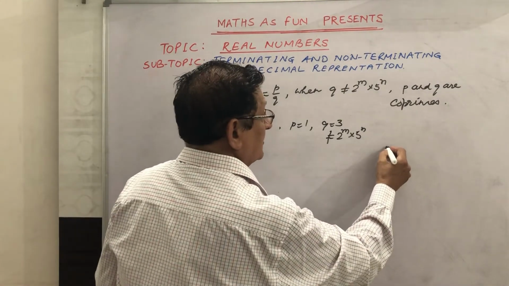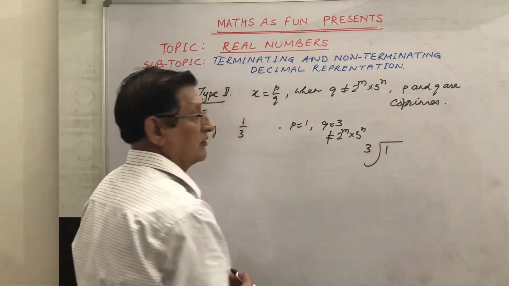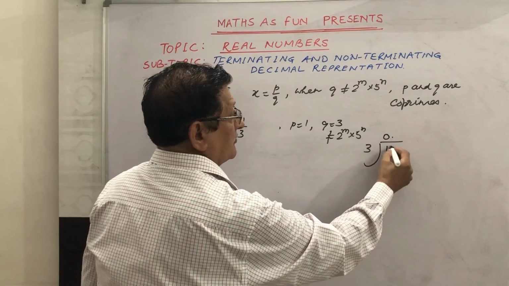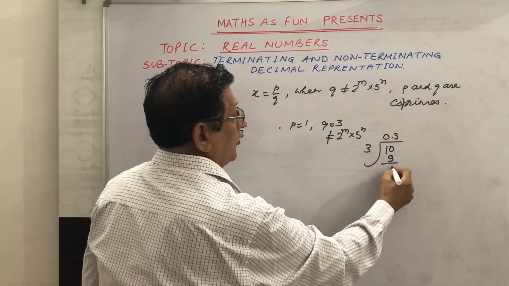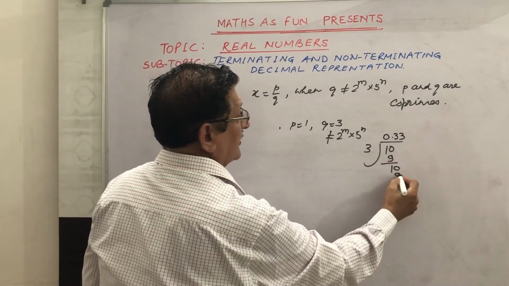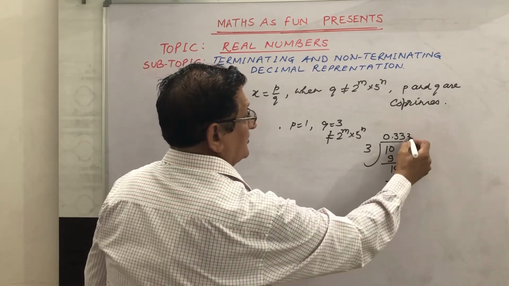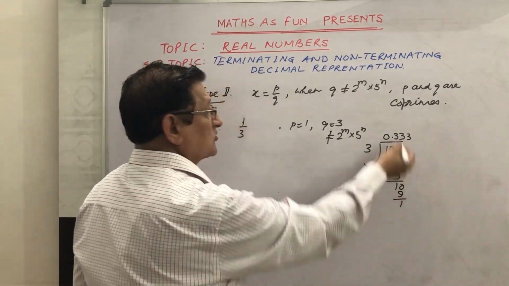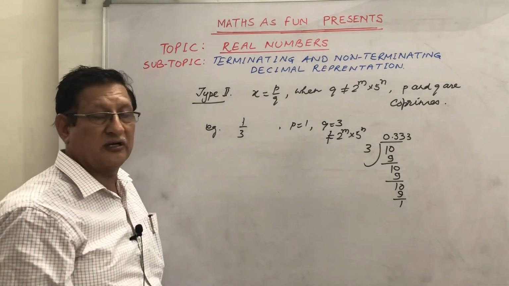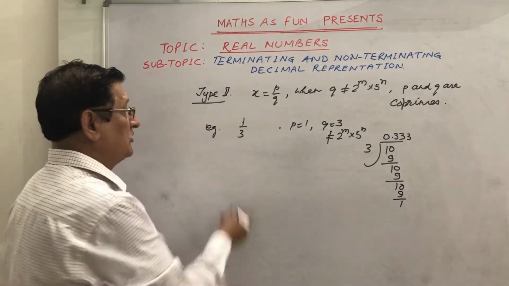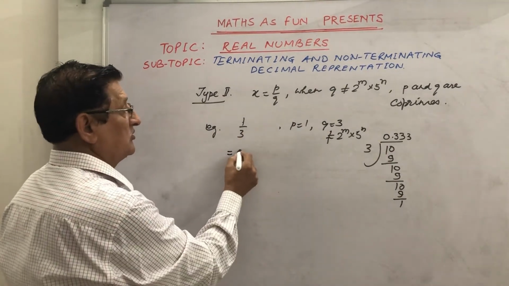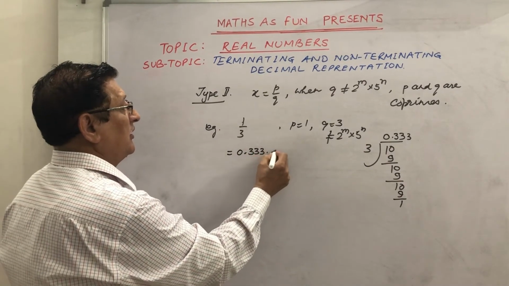Let's learn how it is. Suppose it is 1 upon 3, we divide 1 by 3. 0.3, 3 threes are 9, remainder 1, again 3 threes are 9, again 1, and so on. It will continue. We will never get remainder as 0. So we can write 1 upon 3 is 0.333 dot dot dot.